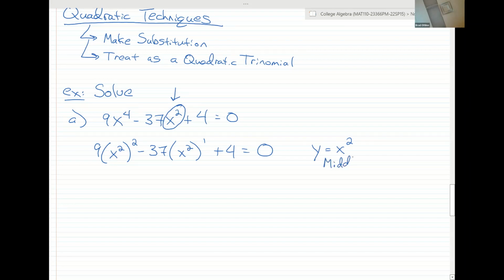It's going to be a lot easier for us to work with. We're not changing the value of anything. X squared to the first is still x squared. X squared to the second is still x to the 4th. But this will be 9y to the second minus 37y plus 4 is equal to 0.